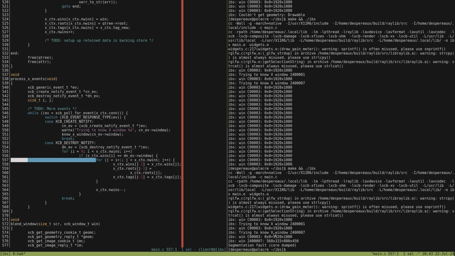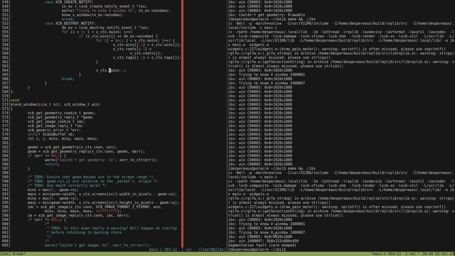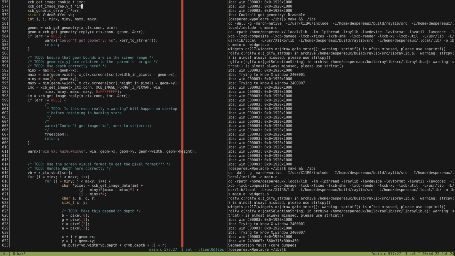And we want to put it in the 0 slot. And then get 2 and put it in the 1 slot. This looks fine. And then we reduce the number of windows we have. So clearly this is wrong.